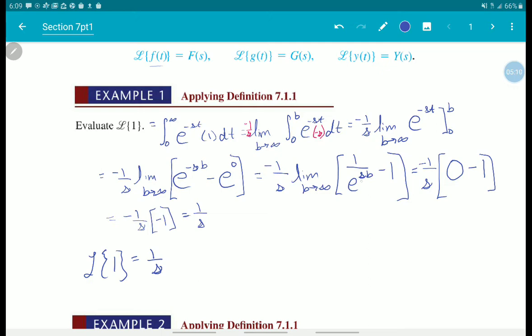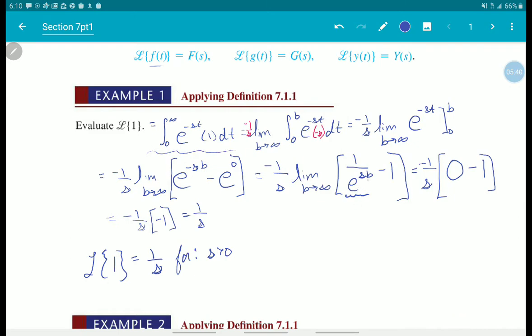If that s, that exponent on that e, is going to be positive, thinking about this step here, then as b gets bigger and bigger, remember it's heading to infinity, and it will always head to infinity because of that definition of what a Laplace transform is.